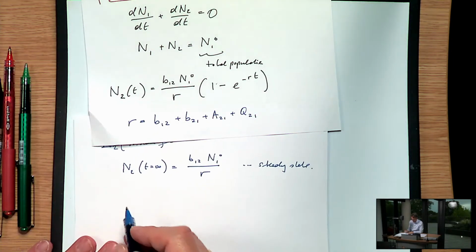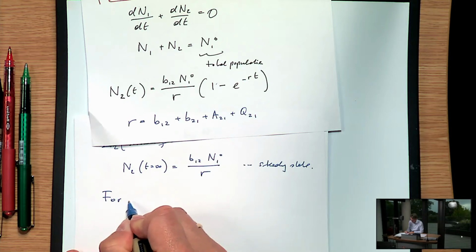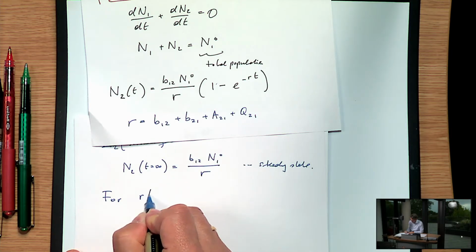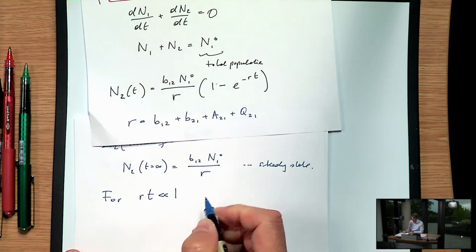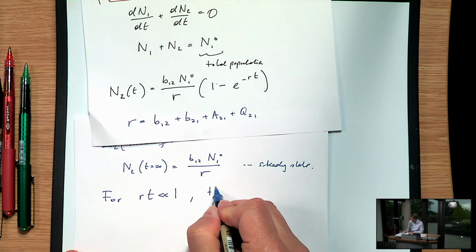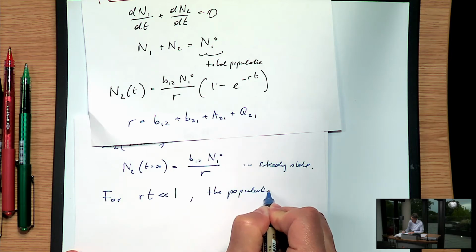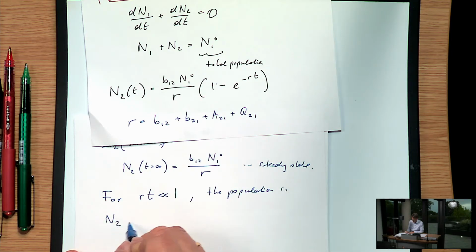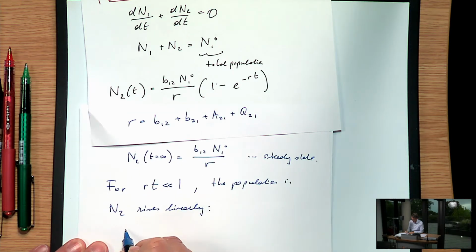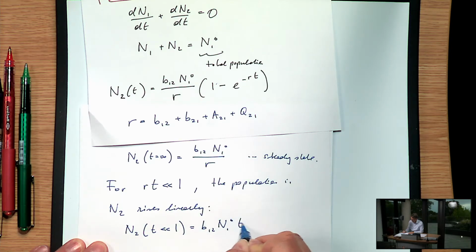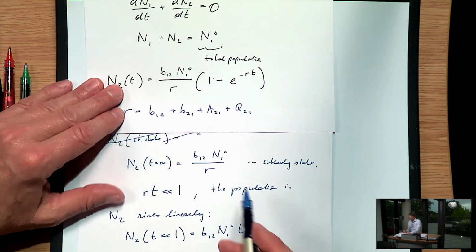For small times, so for R times t much less than 1, the population in N2 rises linearly, and we get N2 for t much less than 1 is equal to B12 N1 naught times t. It just builds up linearly.